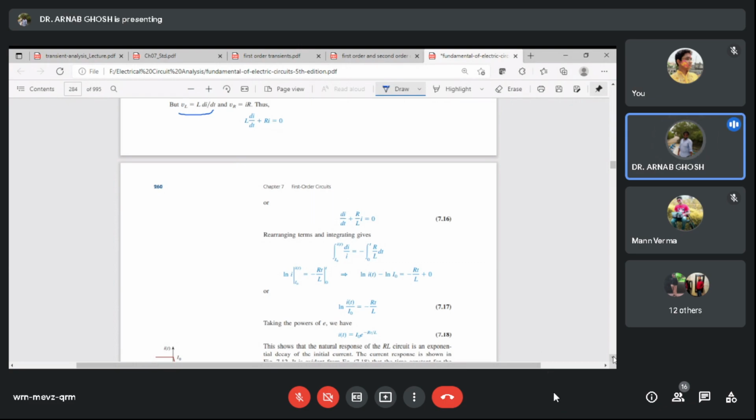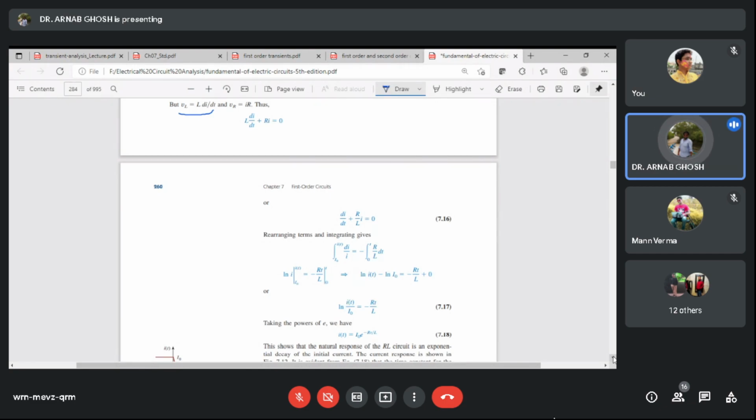I think everybody can do this integration on your own. This will be for your practice as well, and this might come as a derivative question to you. So this is ln I(t) minus ln I0 equal to minus Rt by L plus 0, and this is ln of I(t) by I0 is equal to minus Rt by L.